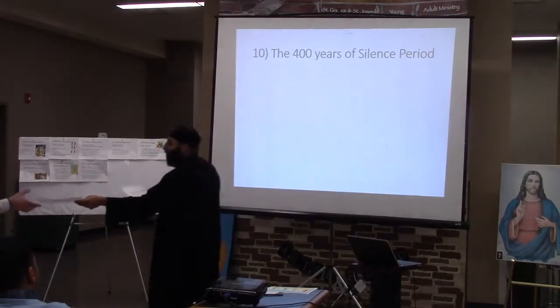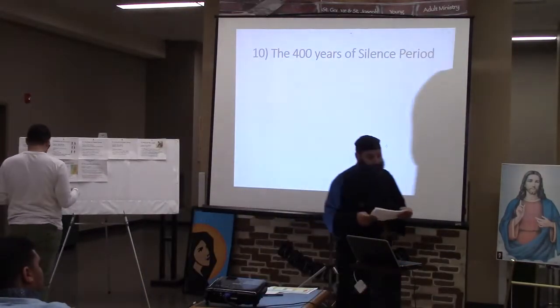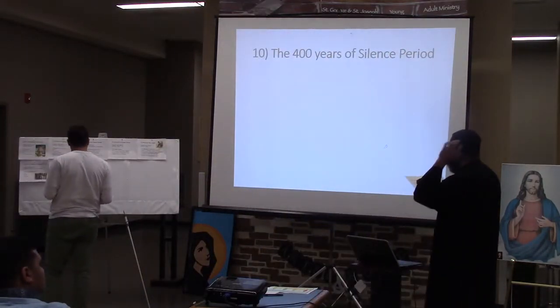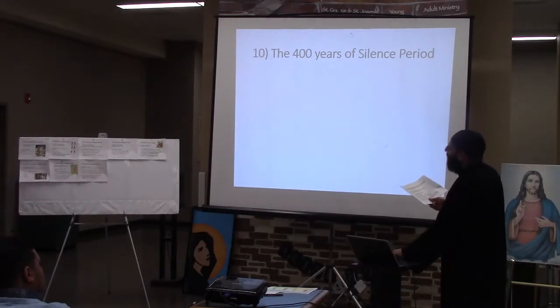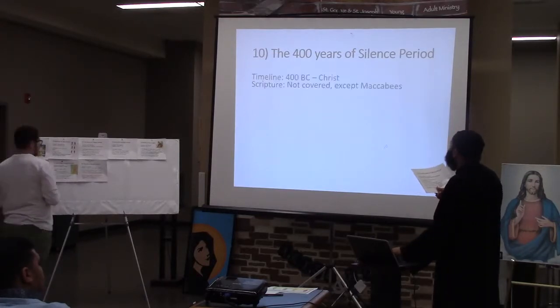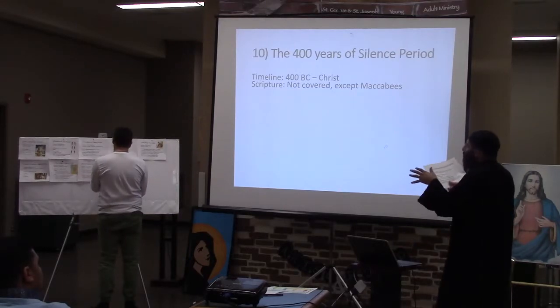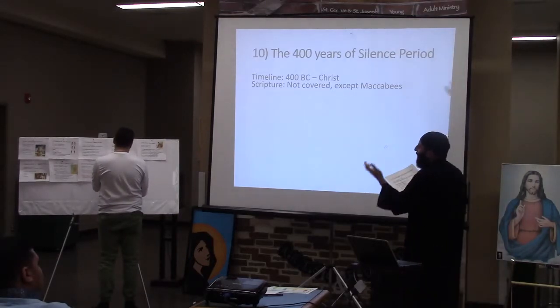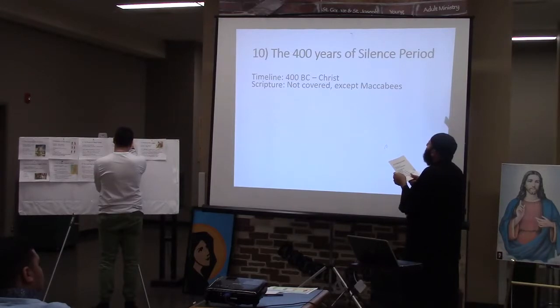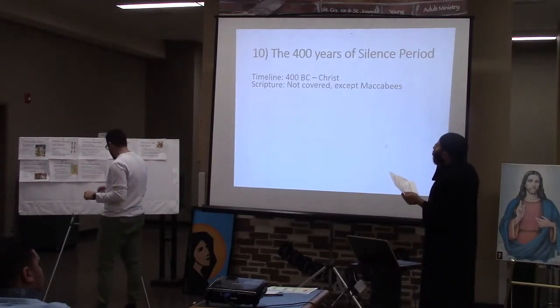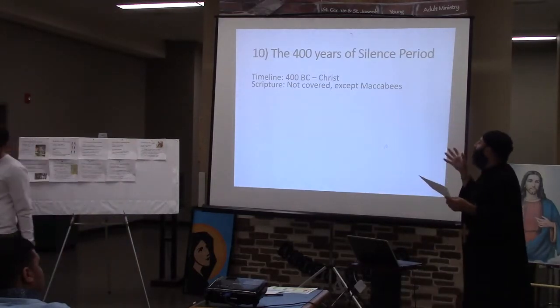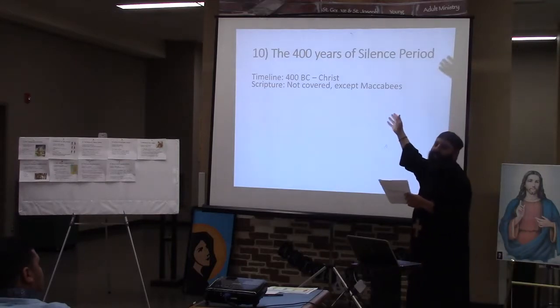So there's only one more stage. The last stage is not covered much, after those prophets that I'm talking about, and that's the end of the Old Testament. There's 400 years, from 400 BC until Christ is born.